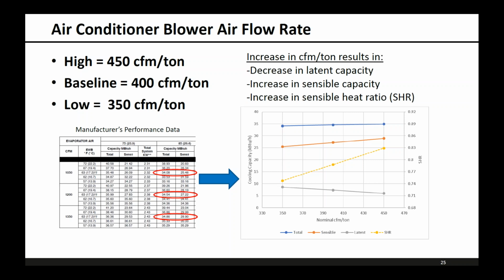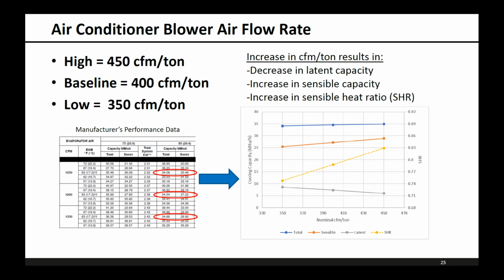You can see as you move from left to right on the plot, the total cooling capacity, the blue line, doesn't change very much, and the sensible capacity increases, shown with the orange line, and therefore the latent capacity is decreasing as you increase the airflow.